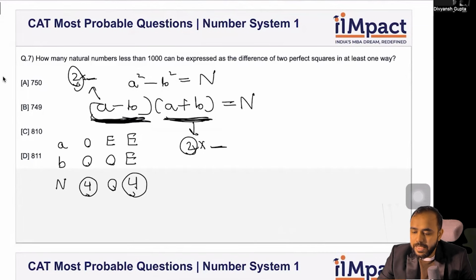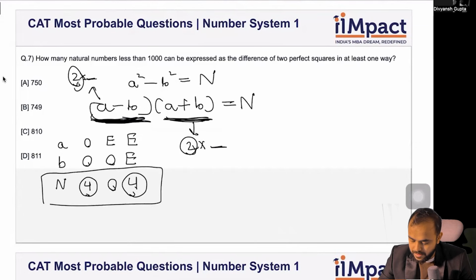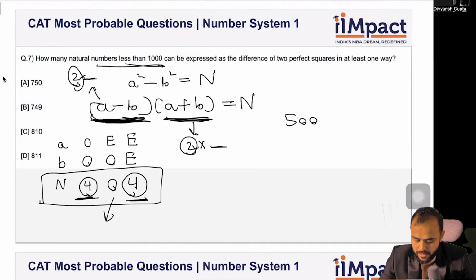So the key here to the values of N is that either N is odd, or if N is even, then it should be a multiple of 4. It cannot be just a multiple of 2. So your answer will include 500 odd numbers, and 1000 by 4, that will give you 250 numbers in the 1 to 1000 range, which are multiples of 4.